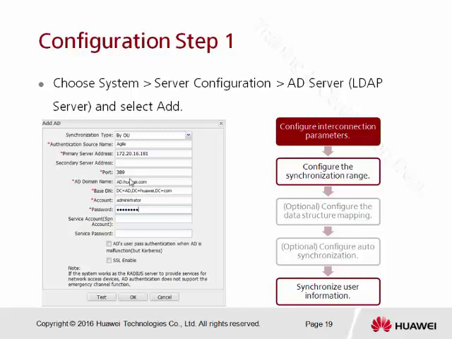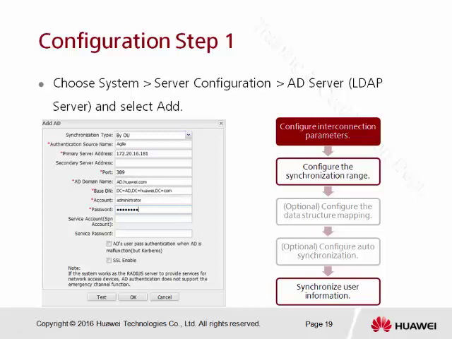You can see in the column they have DC=ad, DC=huawei, DC=com. This is how we configure the parameter, because right now we're using ad.huawei.com. You need to tell them the base DN: ad is one DC, huawei is one DC, and com belongs to another DC. This is the way we configure it.